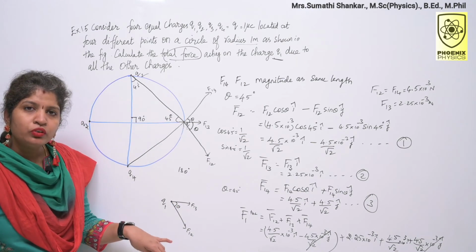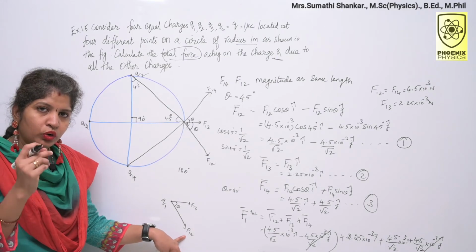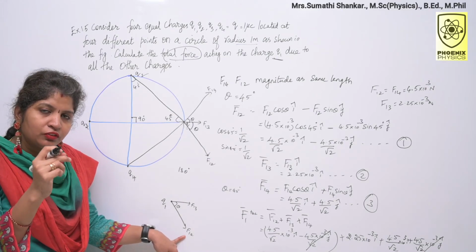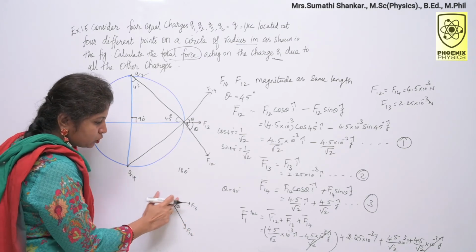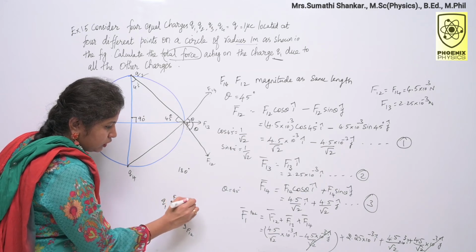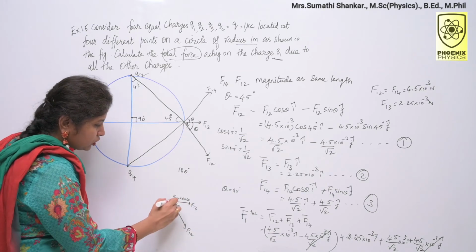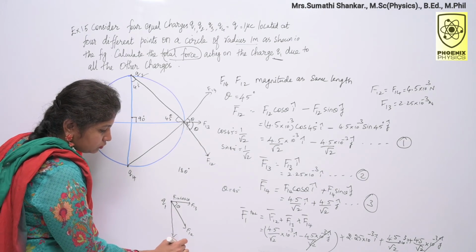I am going to resolve this F12 force into two components. One is the horizontal component which is adjacent to theta. So which one is adjacent? This portion. So this is F12 cos theta. Then the vertical component of force is this one. This is F12 sin theta.